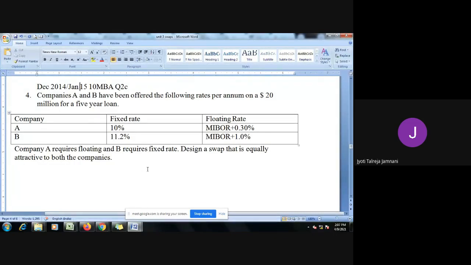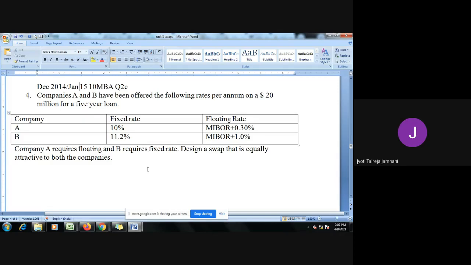Can anybody tell me what is missing in this problem? Something is missing in this problem. Can anybody tell me what that is? Commission.